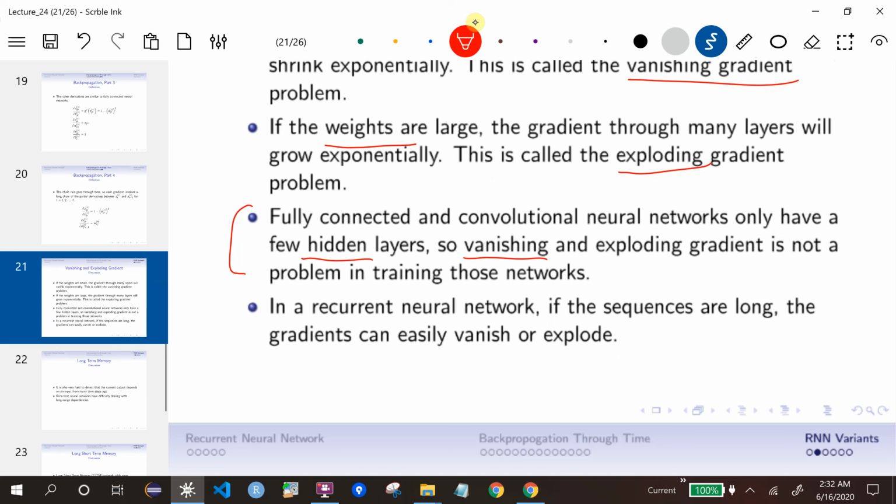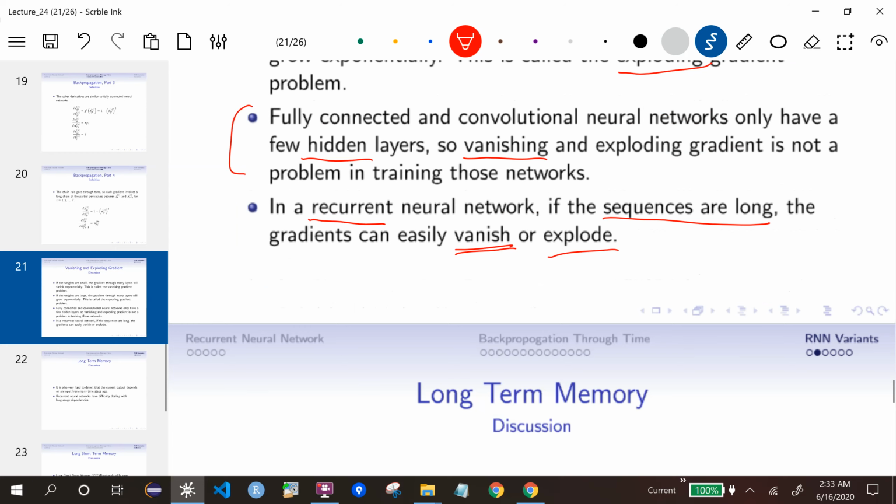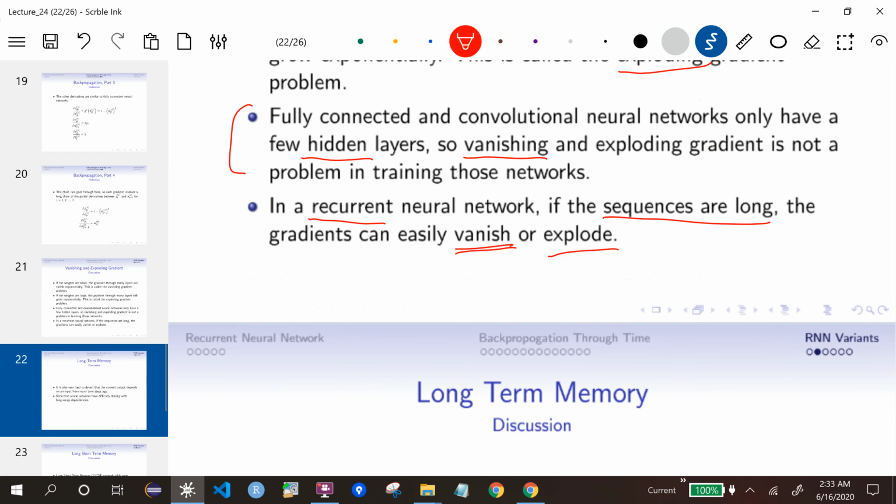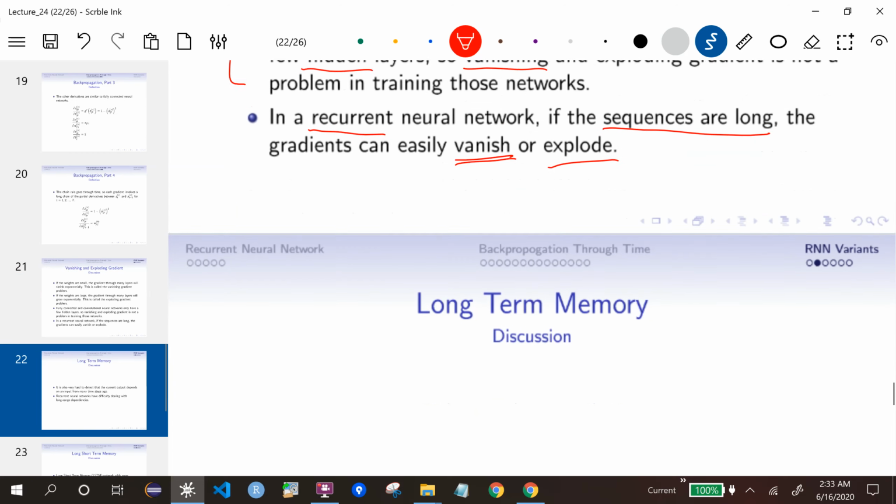So this will happen even if we have a very shallow recurrent neural network, meaning we don't have multiple layers of hidden units, as long as the sequences are very long. So suppose we have very long sentences or very long documents, then these gradients can vanish. We mainly care about the vanishing gradient problem. We don't really care about the exploding one. So we need ways to fix this by modifying the structure.